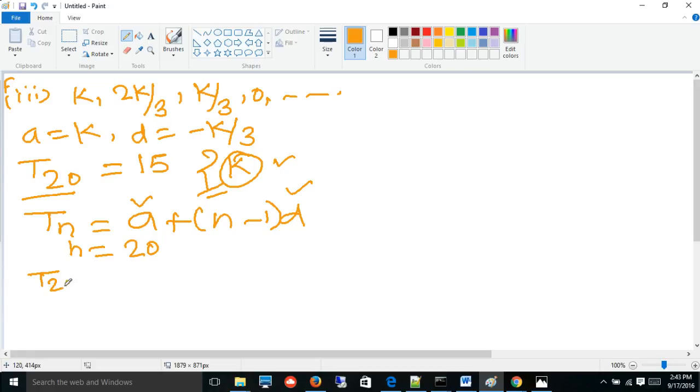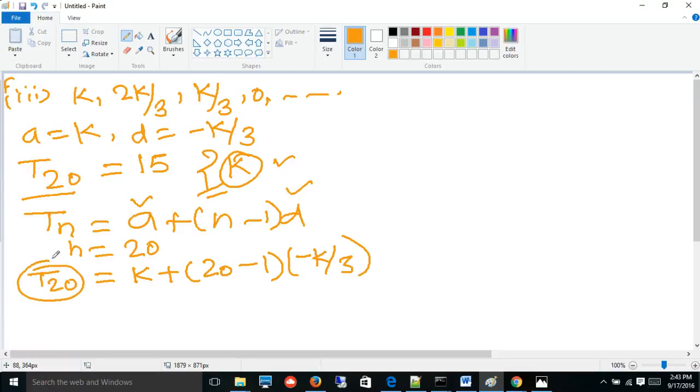So here we will get T20 equal to k plus 20 minus 1 into minus k by 3. The value of T20 is given in the question as 15. So we can say 15 equals k, now 20 minus 1 is 19, and plus into minus is minus.